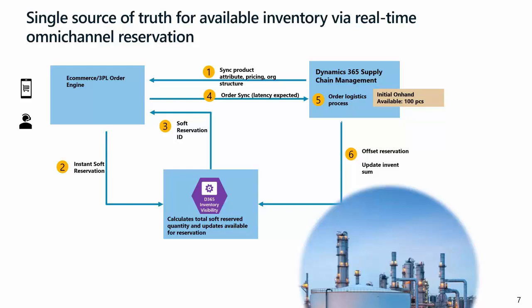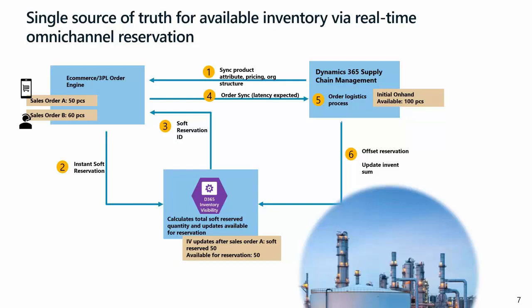And when a customer placed a sales order, ordering for 50 quantities through a mobile app to a point of sales system, then a soft reservation request can be posted immediately to inventory visibility, which makes instant calculation and updating the available for reservation quantity to 50 within inventory visibility. And upon a successful soft reservation, inventory visibility will also respond with a soft reservation ID for the caller system to populate back to the original order line.